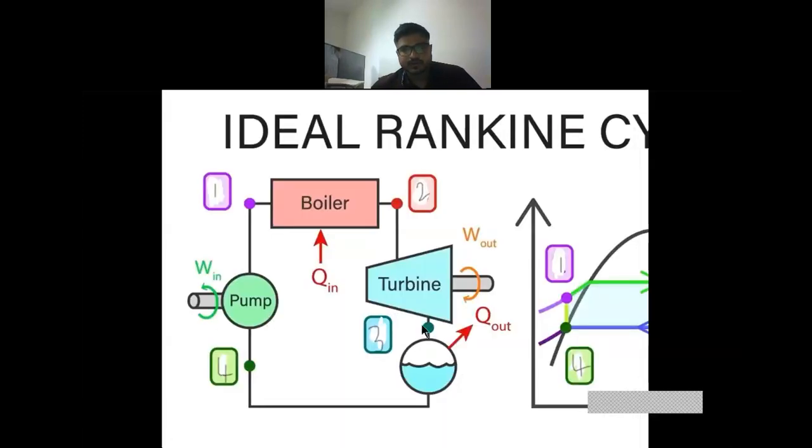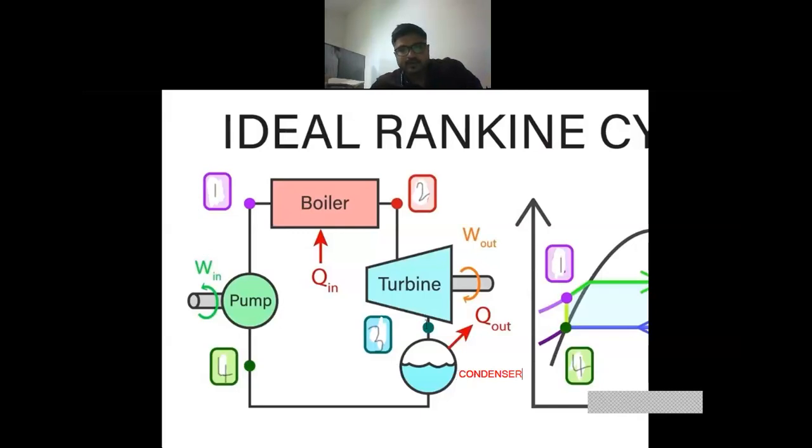Then, now we want to convert that steam into water. Clear? So that's why we are using this component. Now this component is known as the condenser. This is the condenser. Remember, this is our condenser. Now what will happen?